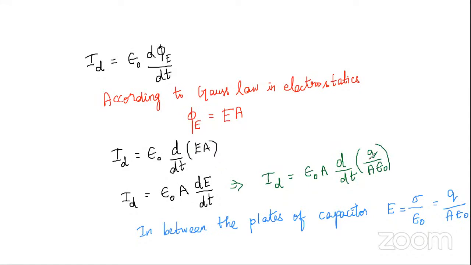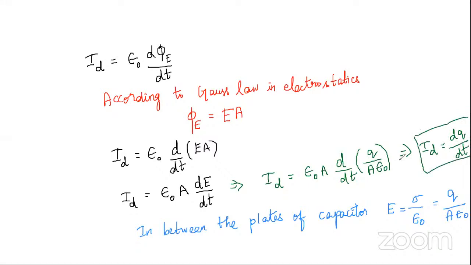So once again, what you can do is take the constant terms outside. When you take the constant terms A into epsilon naught outside, you will get ID is equal to dq by dt.